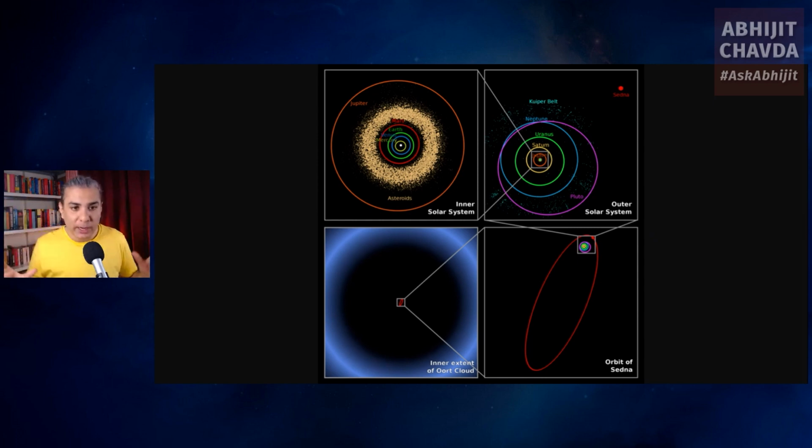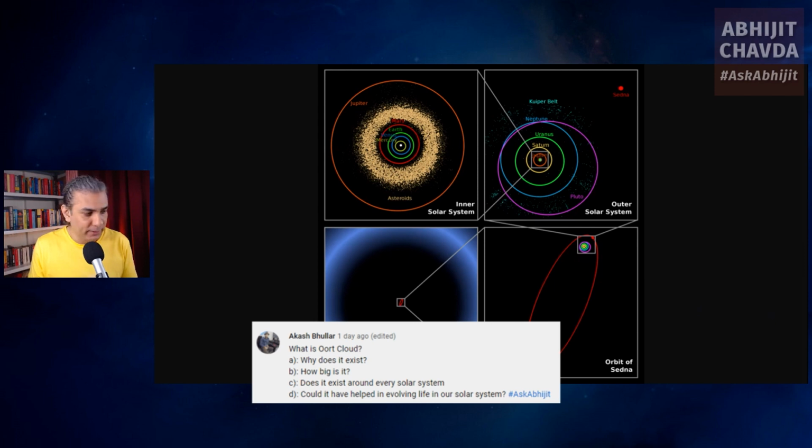It's a hypothetical enormous cloud of cometary nuclei, the nuclei of comets. Now, if this Oort cloud does exist, and there is a good chance that it does, then it is only loosely influenced by the sun's gravity because it is so far away from the sun. It's essentially in interstellar space. And it is also affected by the gravitational attraction of nearby, passing stars, and also the gravitational attraction of the Milky Way itself.